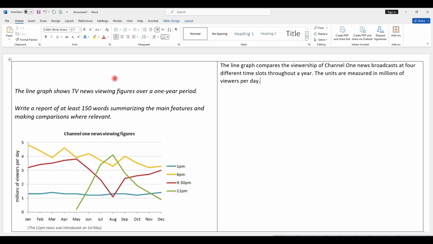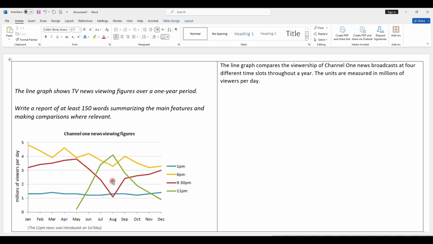The next step is our overview. This is where you need to summarize the entire chart by briefly explaining the main trends and features. For Band 7 and higher task achievement, you need to include all the main trends. This is why spending a few minutes at first to analyze and write down the main trends is important.